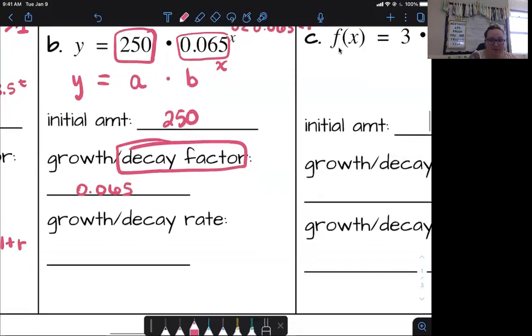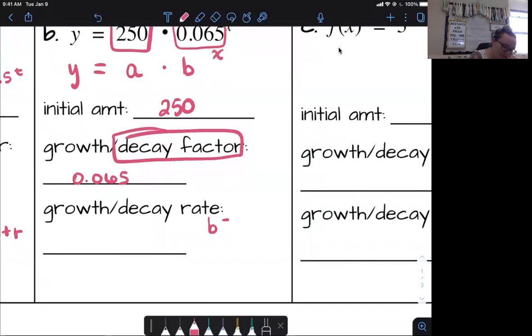To find our decay rate, remember b is equal to 1 minus r. So 0.065 for my decay factor is equal to 1 minus r. I'm going to solve for r. I'm going to subtract 1 from both sides.